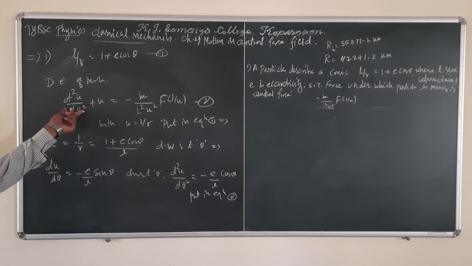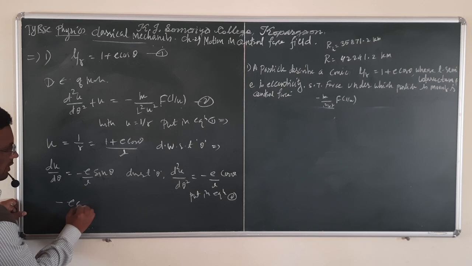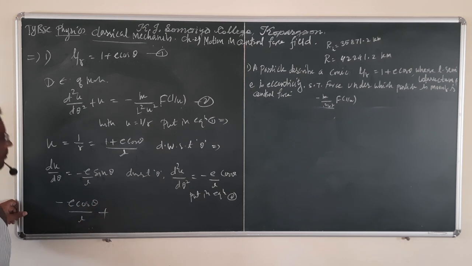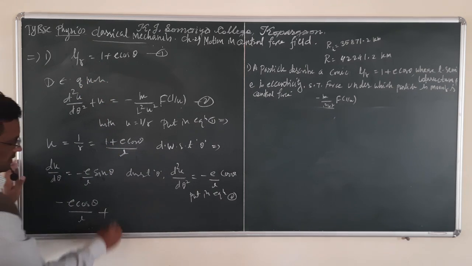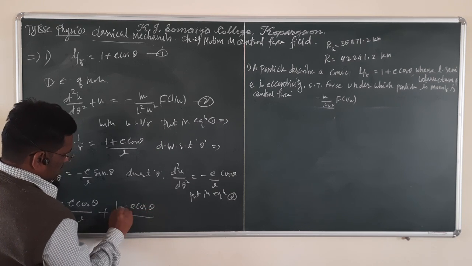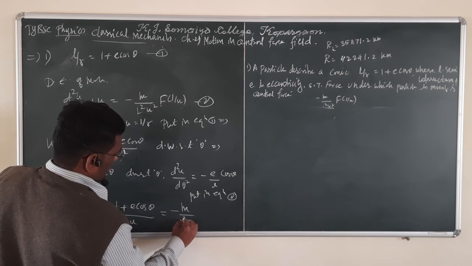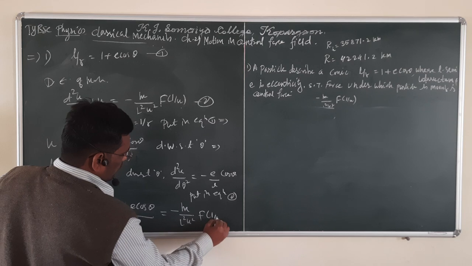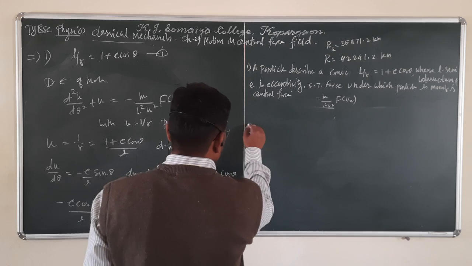What we will get is minus e cos theta divided by l plus u, and u is nothing but 1 plus e cos theta divided by l, that is equal to minus m divided by l square u square f of 1 over u. Now we have to solve this equation.